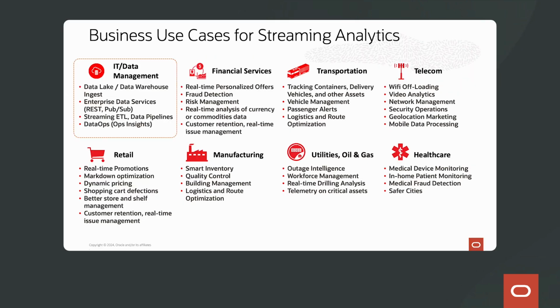In financial services, very popular is real-time personalized offers, where based on the financial information and financial transaction of your customers, you can offer new financial products, you can offer things like credit increases, you can offer new capabilities, and you can involve third-party companies that provide their own offers. So you can monetize this information directly with your partners.